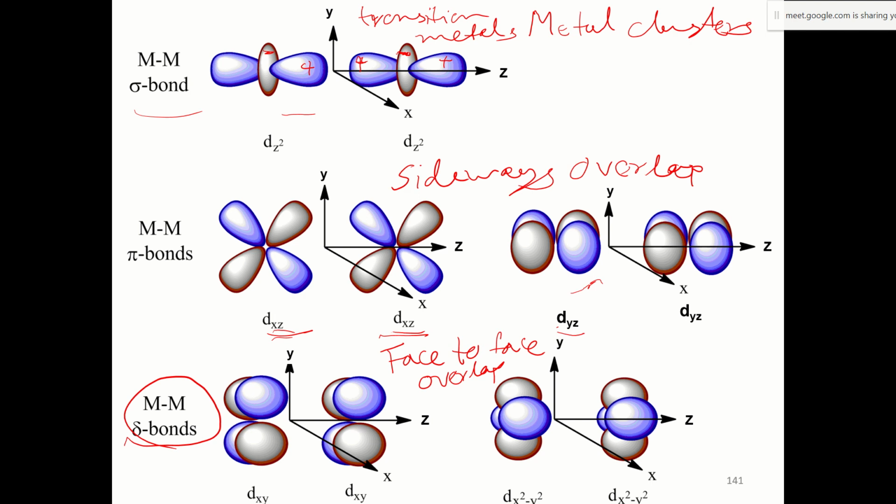So there is the possibility of 1 sigma and 2 pi bonds, and there are two more orbitals left, so you can get two delta bonds. So between two metal atoms there is a possibility of 5 bonds that can be formed.